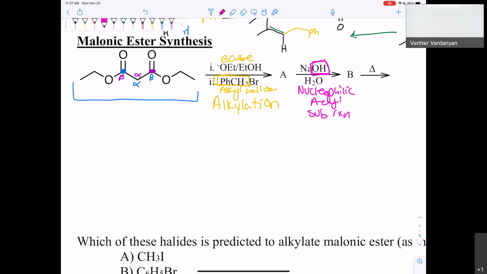Now, the only difference between the last one and this one is we have two esters. So how do we decide which side we're going to substitute? Doesn't matter. So you're actually going to substitute both of those guys. This one and this one both act as leaving groups.